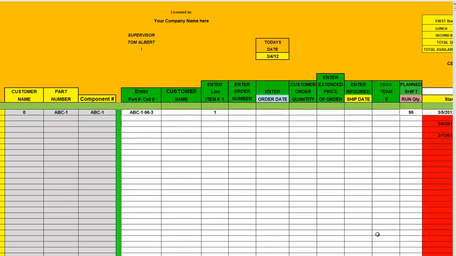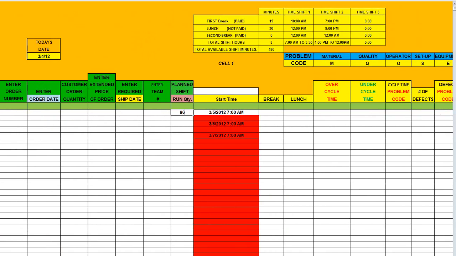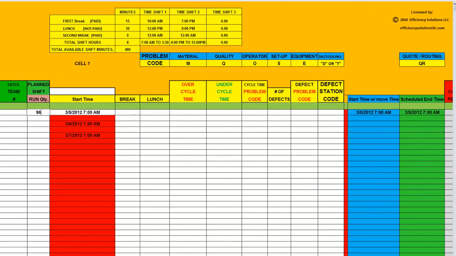We have a shop work schedule from 7 a.m. to 3:30 p.m. with a 30-minute lunch at 12 p.m. If we schedule the job to start at 7 a.m., it should be finished at 3:30 p.m. as shown here. If we change the order quantity to 75, the scheduled finish time would change and it would end at 1:45 p.m.